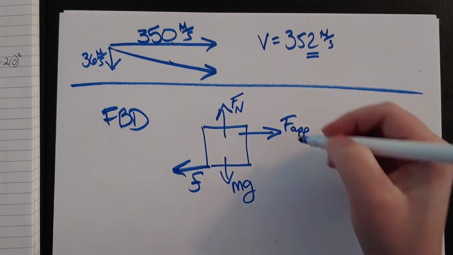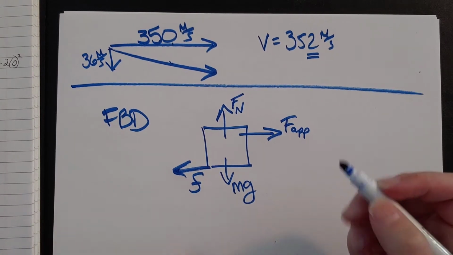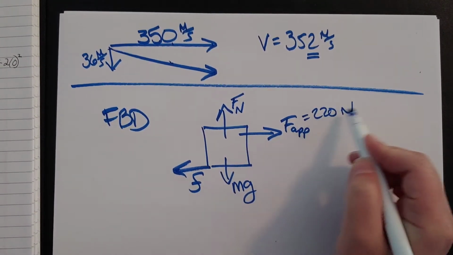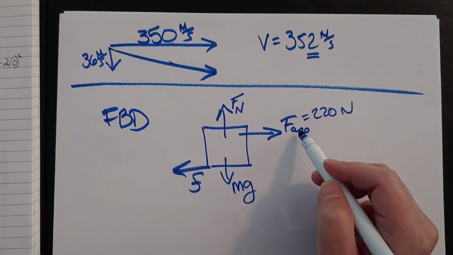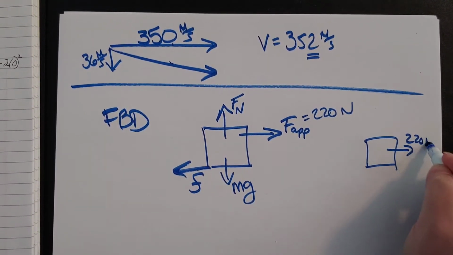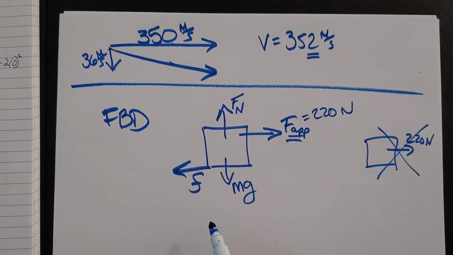Call it F. If you want to put a little bit more information and say like, that's 220 newtons, that's fine. But if someone asks you to draw a free body diagram, you should not do that. That's not a free body diagram. Okay? So they always have to have the variables.